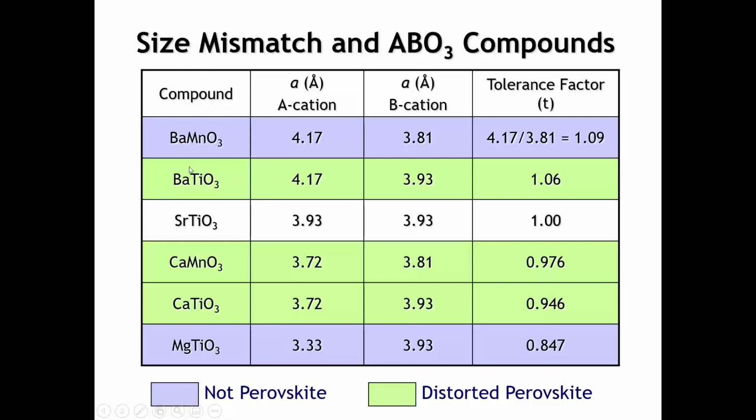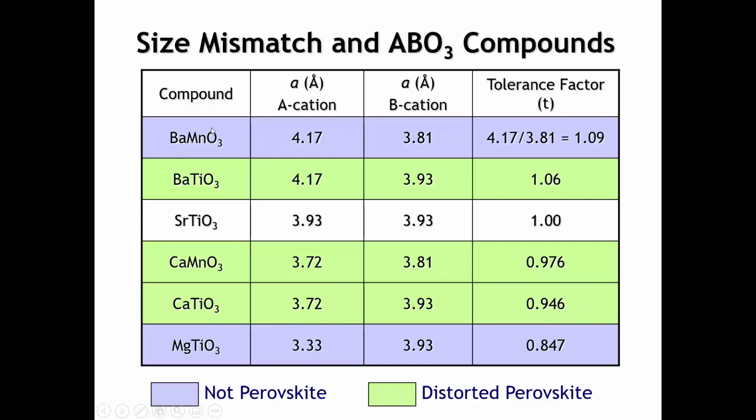And if I then replace the titanium with the manganese, which is smaller, manganese 4, then I'll get an even larger tolerance factor. I could go in the other direction by replacing the strontium with the calcium, which is smaller, and I can see tolerance factors that are then less than 1. And if I replace the calcium with magnesium, the tolerance factor drops down to about 0.85.